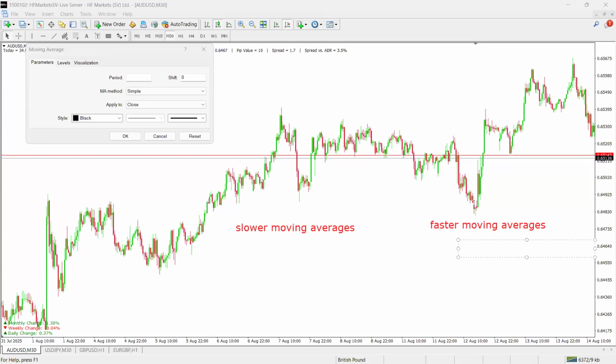And for a moving average to be fast and to stay very close to price, it must have a short period length. What that means is if you're looking to use a faster moving average, you're looking to use something in the relation of, let's say, 1, 2, 3, 4, 5, 6, 7, 8, 9, 10.